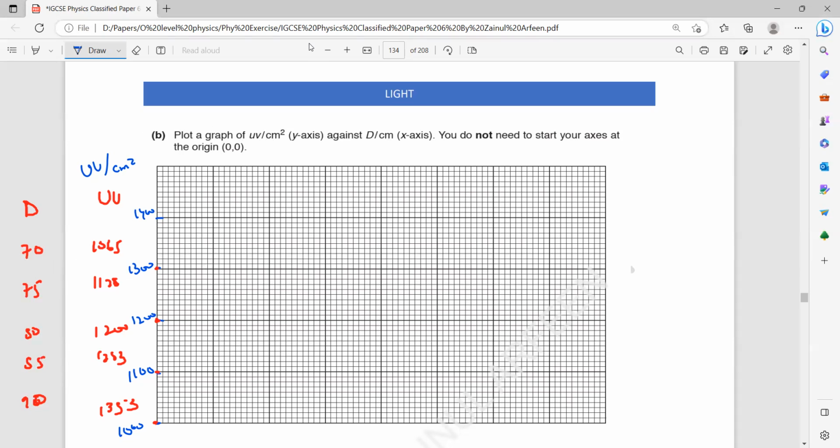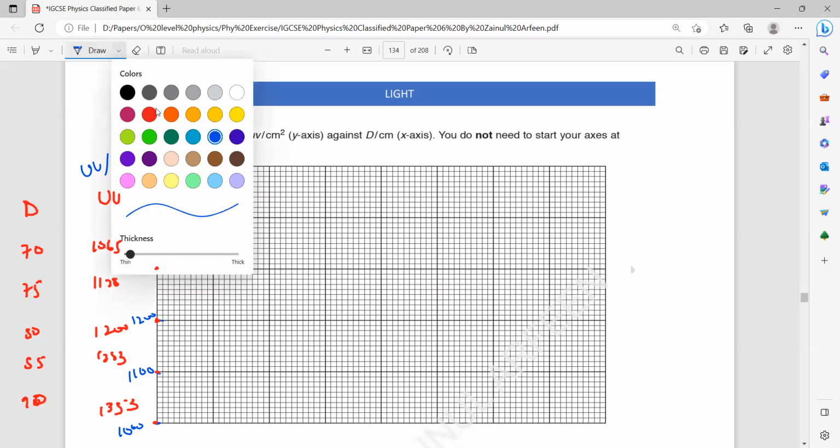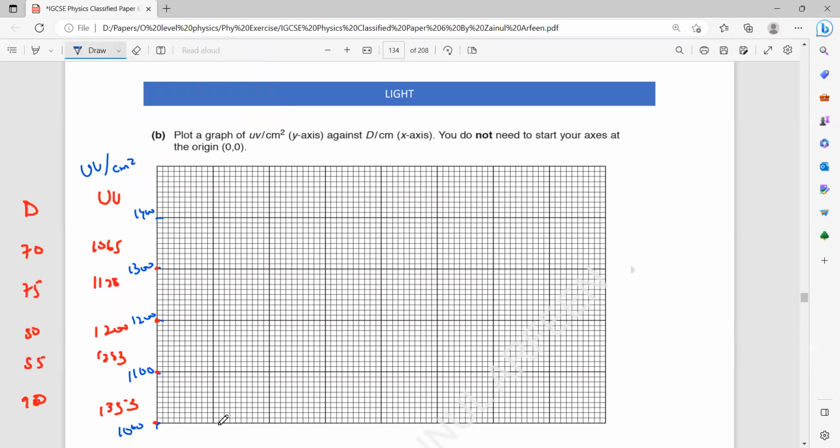Again, they mentioned we don't have to start from the origin, so we can start with any number. For example, if we start with 70, then this is 80, and this is 90.